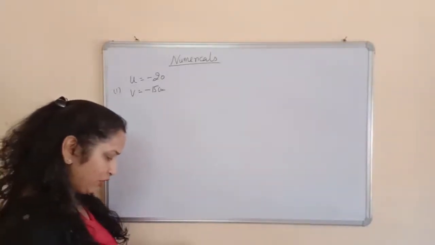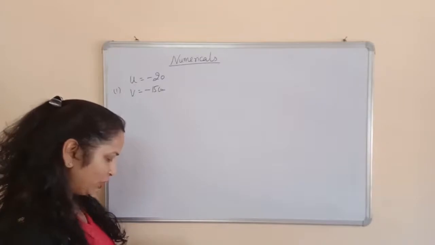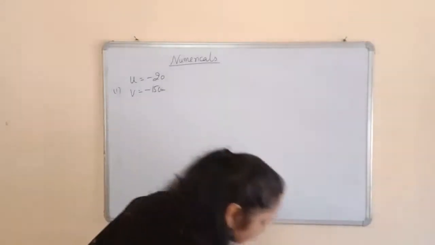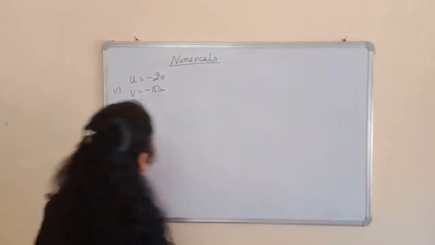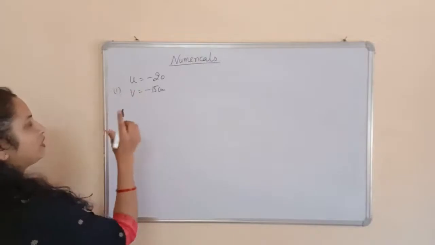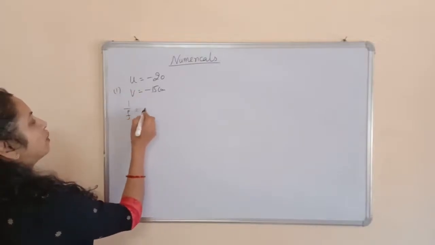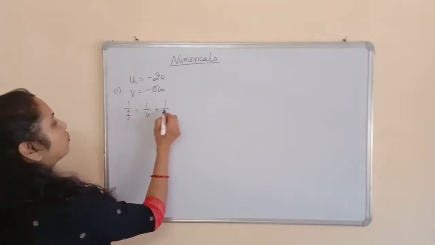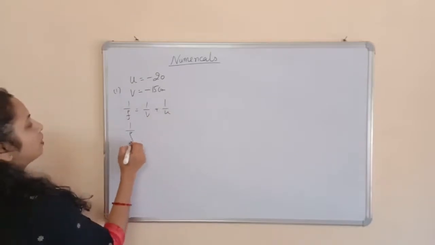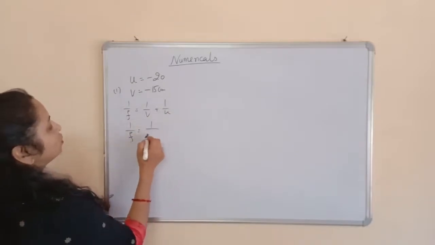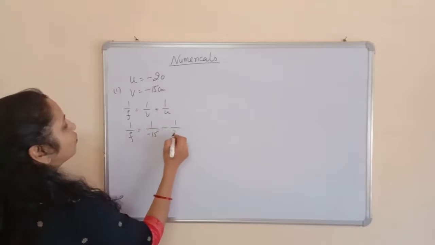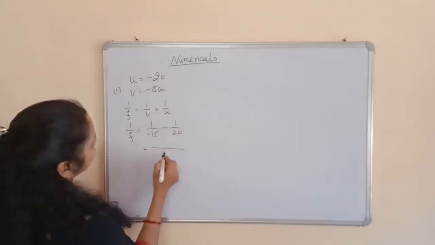Find the focal length of the mirror and the kind of the mirror in each case. Okay, for the first case, we know U, we know V, so we know the mirror's formula 1 upon f is equal to 1 upon V plus 1 upon U. So we can apply the mirror's formula here for finding the focal length. The LCM is 60.